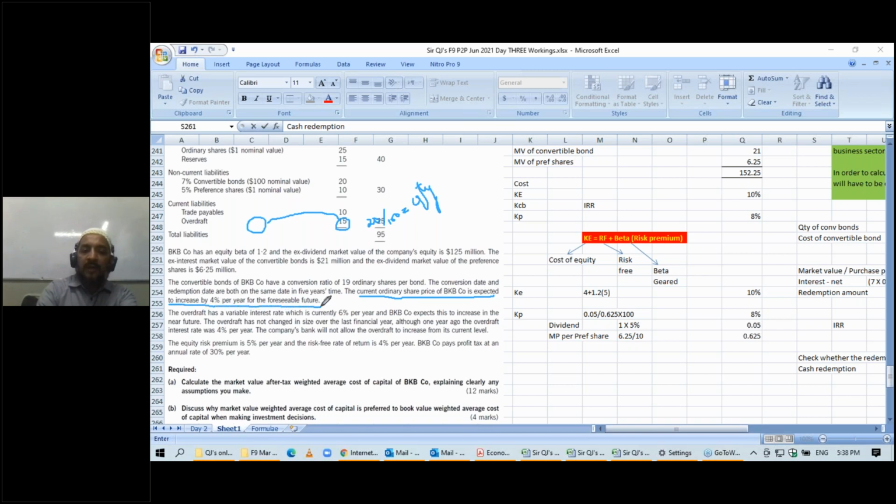This means that for the 5 years, the price will keep increasing, and the bond is going to be converted into 19 ordinary shares per bond. So this is the conversion ratio. And the conversion date is going to be the same as the redemption date.